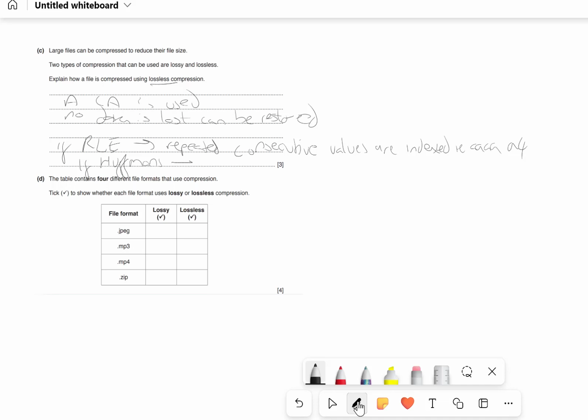If Huffman's, it'll look for repeated words which will be put into an index table, replaced by an index value.